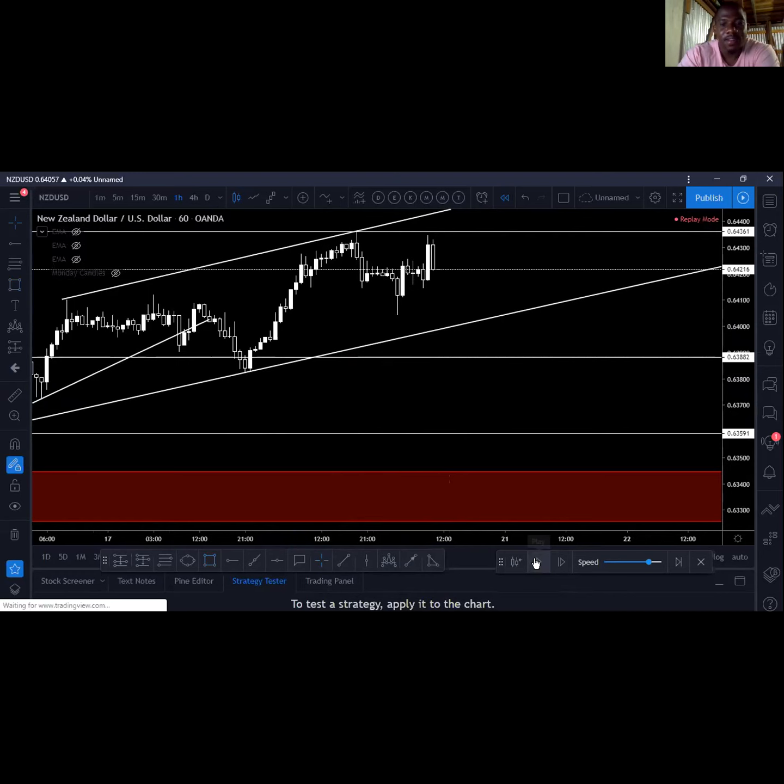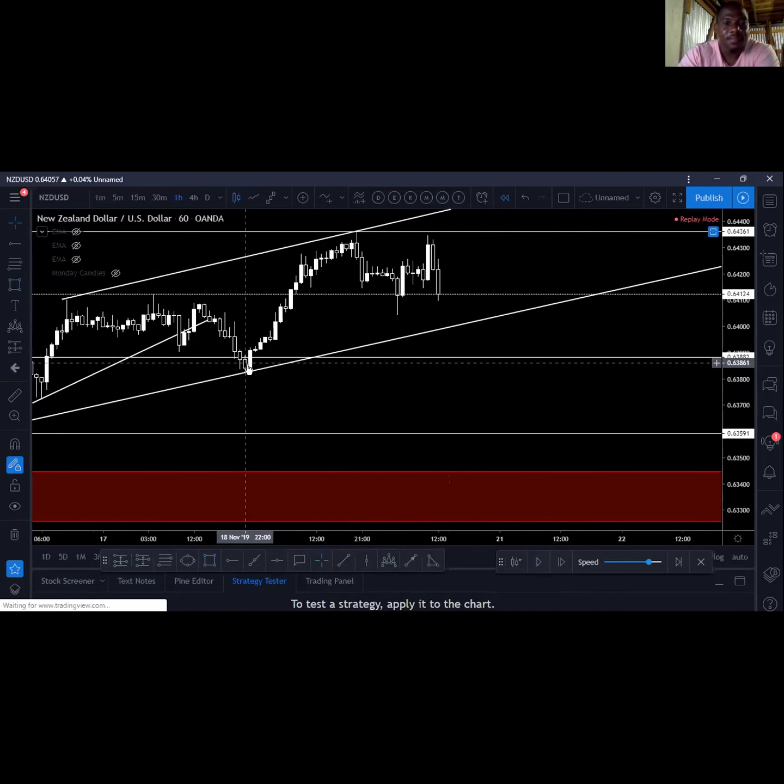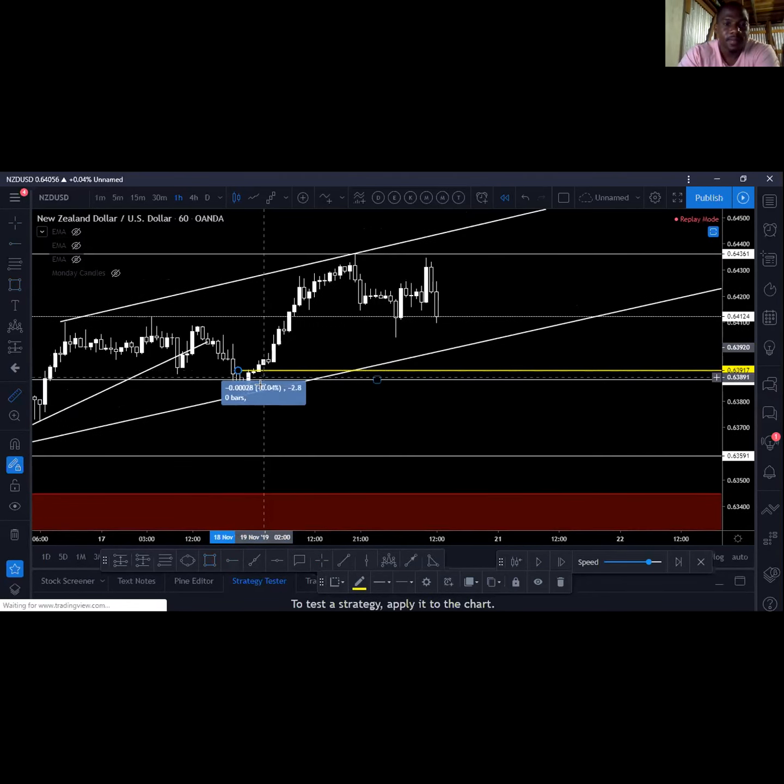So let me just pause. If we had entered off of this engulfing candle, we're in a nice uptrend, and we enter right there, put the stop loss below. I just bring it a little ways below, let me say 20 pips, because you don't want to put it right below the swing point.